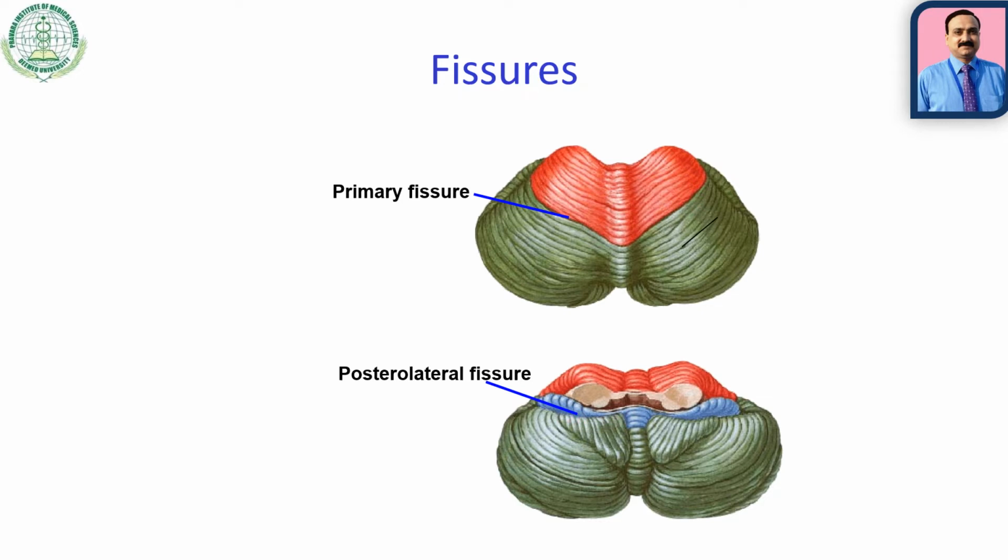This posterolateral fissure separates the flocculus and nodule, so this flocculonodular lobe, from the rest of the cerebellum. And the primary fissure separates the anterior lobe from the posterior, which is also called the middle lobe.